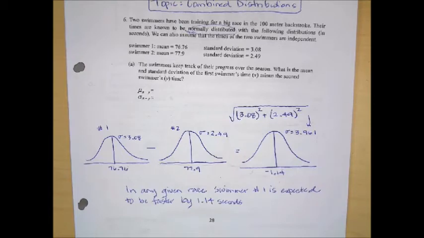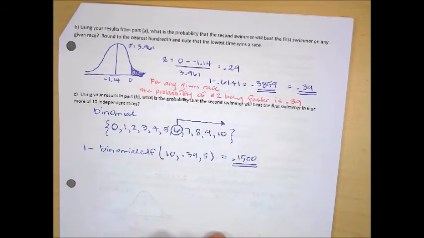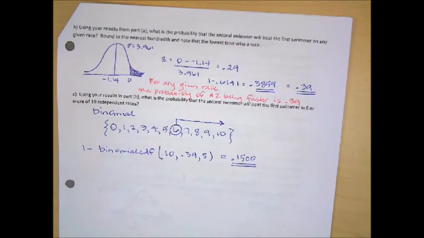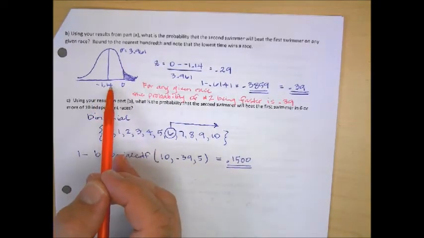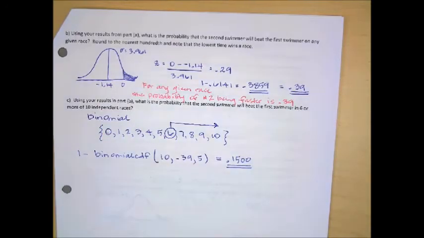All right, now the next question is a very familiar question. Using the results from part A, what is the probability that the second swimmer will beat the first swimmer on any given race? Well, remember what that negative 1.14 meant. It meant that in any given race, the first swimmer is expected to be faster by 1.14 seconds. So where does swimmer number 2 start beating swimmer number 1? Well, they tie at 0.